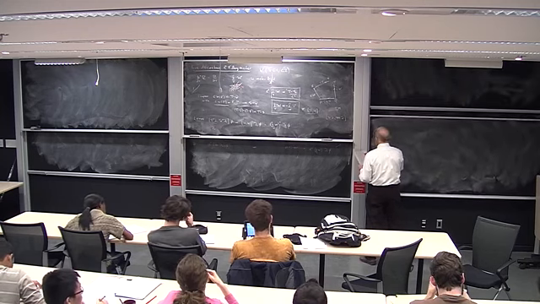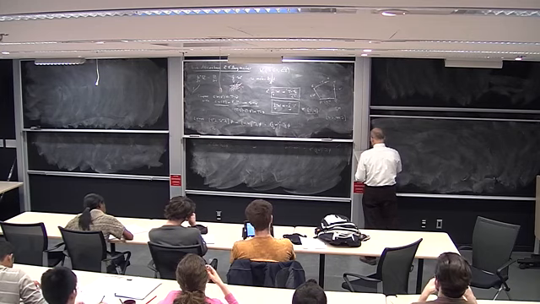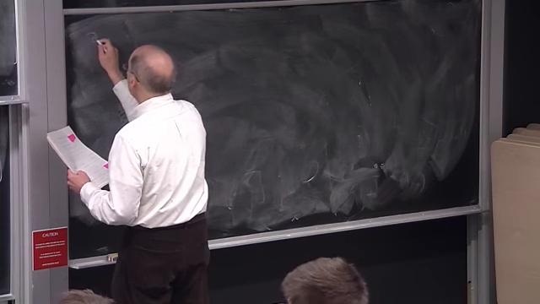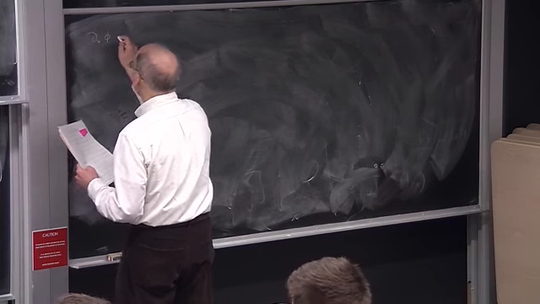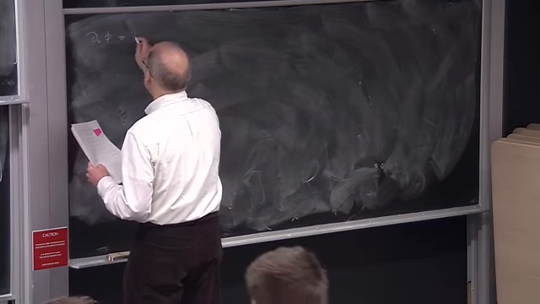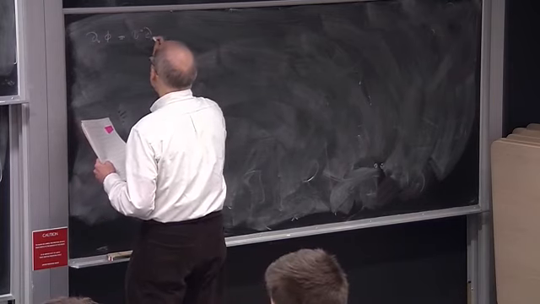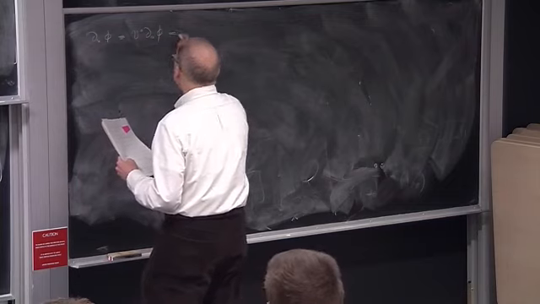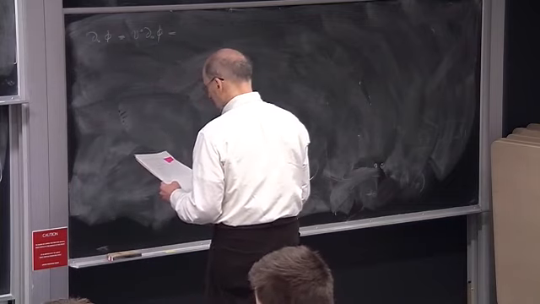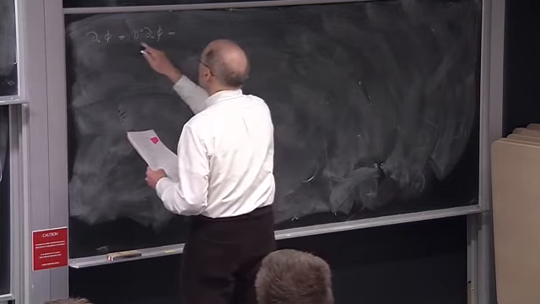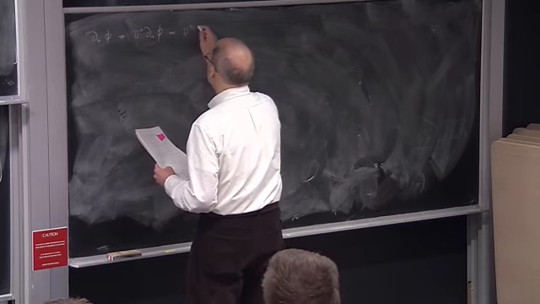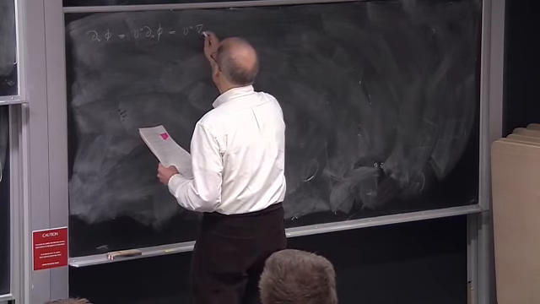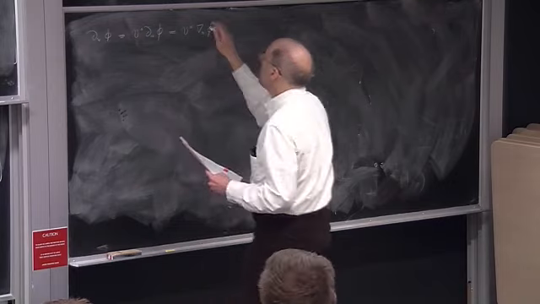Okay, so how do we do that? When I wrote grad V of phi, remember, that was just by definition V^A times the gradient of phi. But nothing can stop me from regarding this as the covariant derivative.